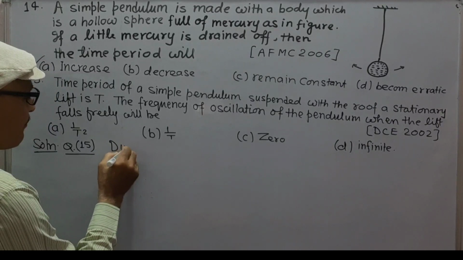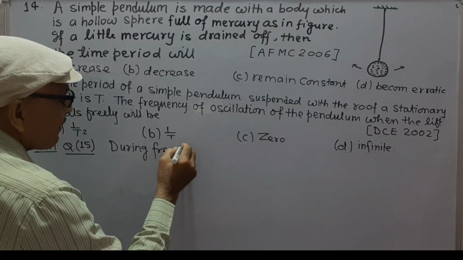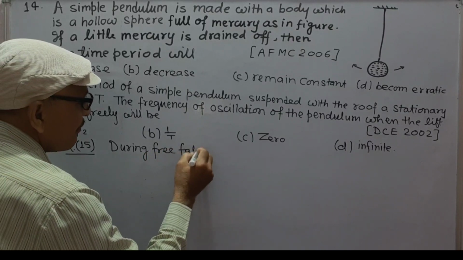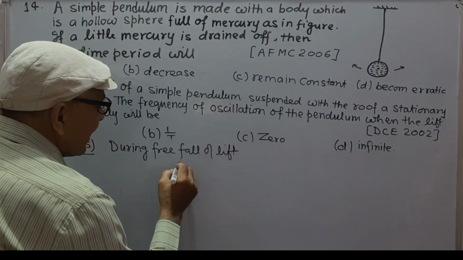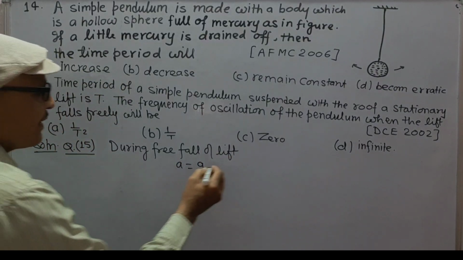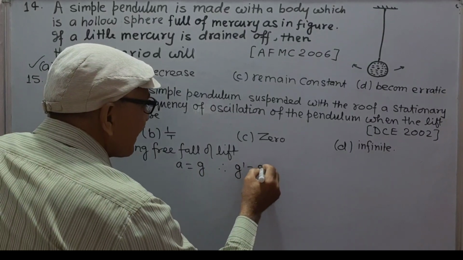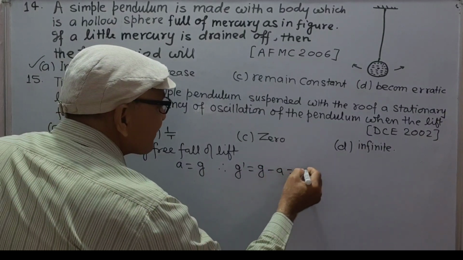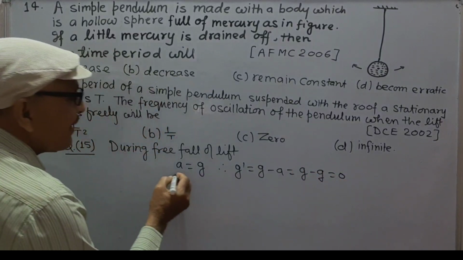During free fall of lift, a becomes equal to g, therefore g dash will be equal to g minus a, means g minus g, means 0.